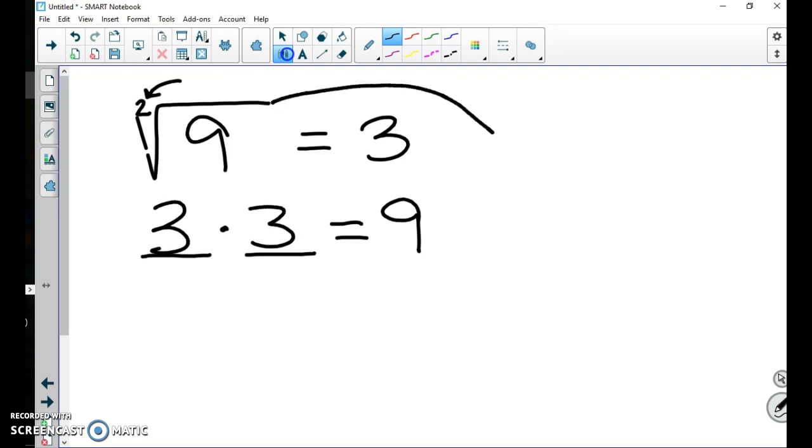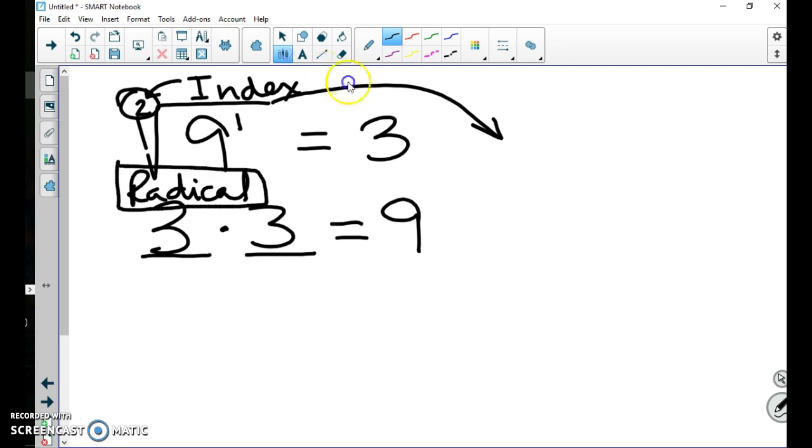We want to look at this in another way. This is called radical form. The little house that we put the big number under is called the radical. The little number inside the radical is called the index. And we're going to take those two numbers and the power of the number inside and use them to write this radical form into rational form.